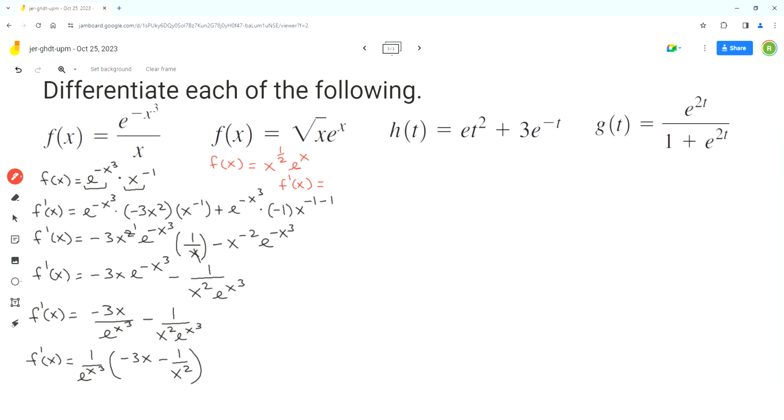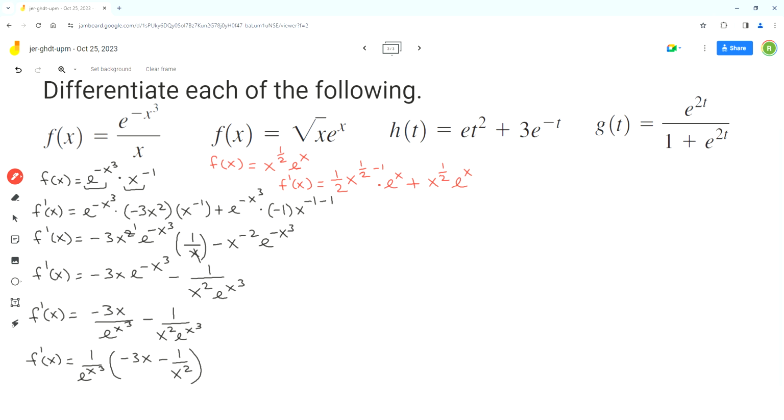So as per the power rule, we move the exponent to the front and subtract 1 from half, times e exponent x, the second term, plus the first term, x exponent half, times the derivative of the second term. So the derivative of e to the power x will just be e to the power x.